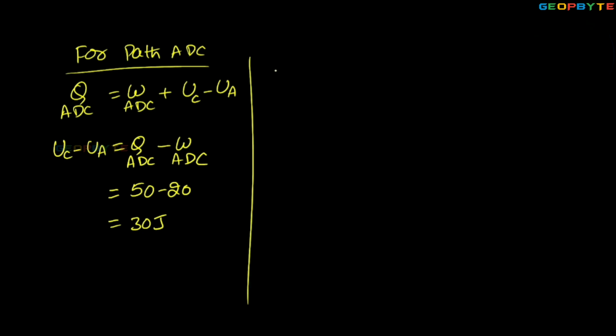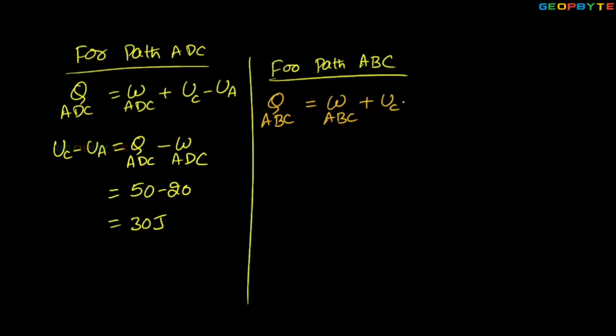Similarly, let us take the path ABC. For this path, I can write Q for ABC equal to W for ABC plus UC minus UA. Once the initial and final states are the same, irrespective of the path followed, the internal energy change remains the same, because internal energy is a property of the system. Then you are asked to find WABC.